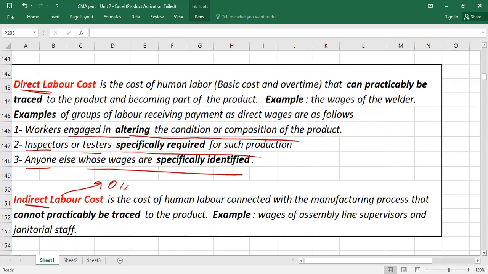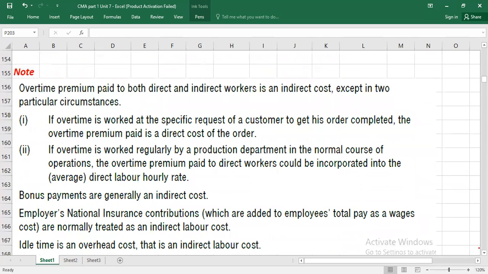And here we have just a key note. By the way, I guess it won't be tested, but sometimes you have overtime premium. You know overtime premium, right? What is overtime premium? You're paying extra over the normal rate. That is called overtime premium. So they're saying sometimes we pay both to the direct and indirect workers. Like maybe you are paying to the labor also, you are paying to the supervisor also. So these are treated as indirect cost.